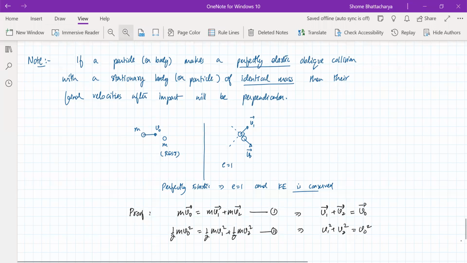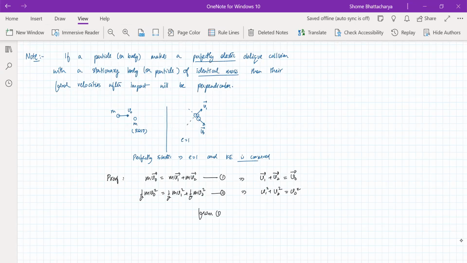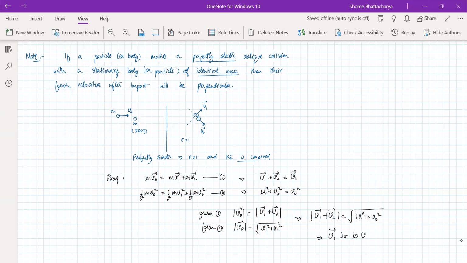So now from equation 1 we can see this, and from equation 2 we can see that, which implies that the magnitude of the vector sum of v1 and v2 is square root of v1 mod square plus v2 mod square, which means that v1 is perpendicular to v2. This is given as a proof question in HC Verma. Once you've done the proof, you should remember this as a theorem because this can be directly applied in questions. We'll discuss that also.